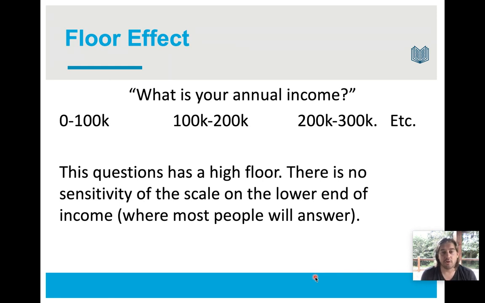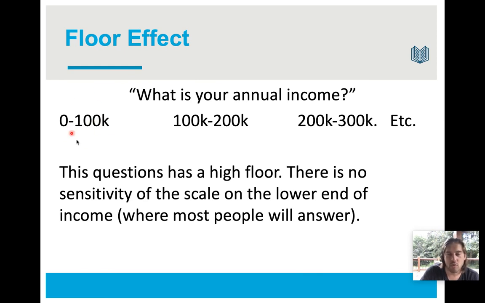So this question has a high floor. Why? Because someone who makes zero income, right, who makes no money, is going to be put in the same category as someone who makes $100,000 a year. And so it does not provide enough sensitivity on that low end, particularly for this question, income, because most people are going to fall into this category, right?